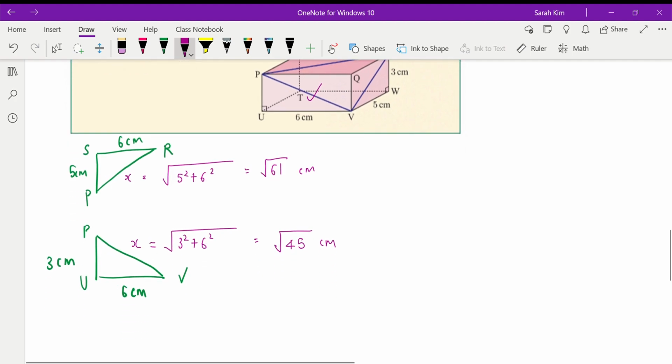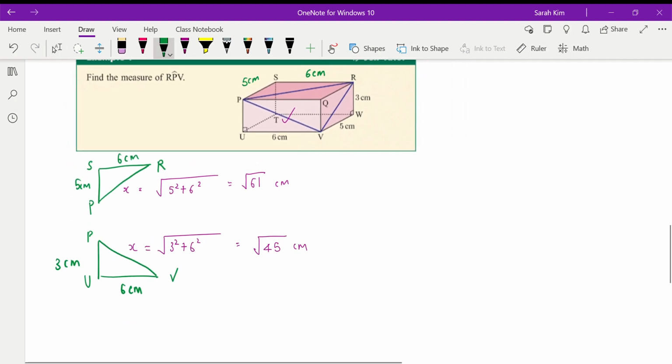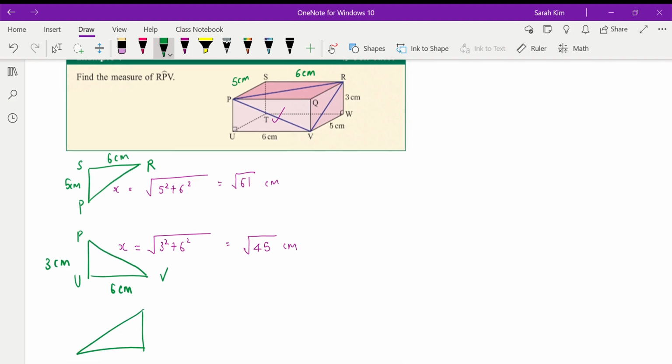Now I just got to find my final line, which is looking like this: 3 centimeters, R, W, B, 5 centimeters, and this is my X. So my X is 3 squared plus 5 squared. So those are my 3 lengths.